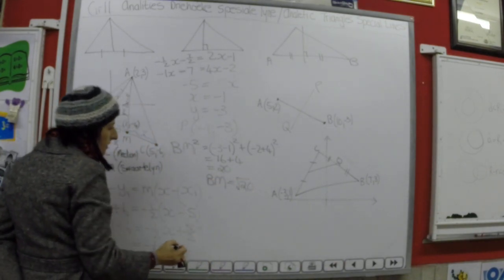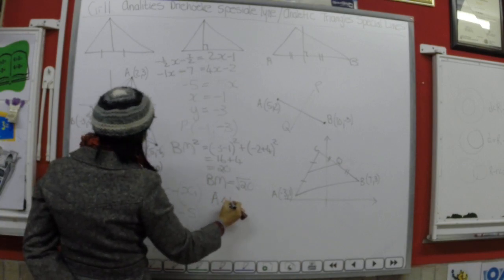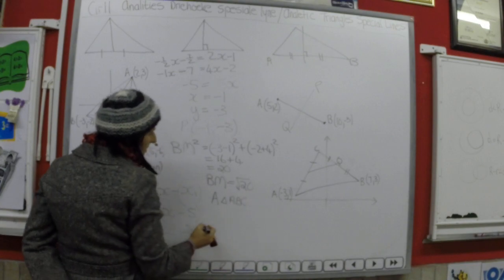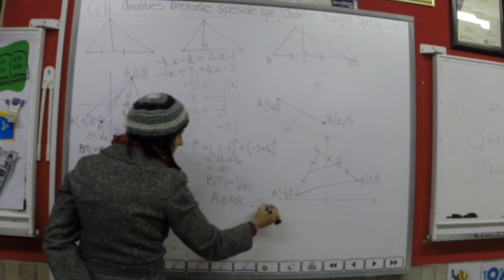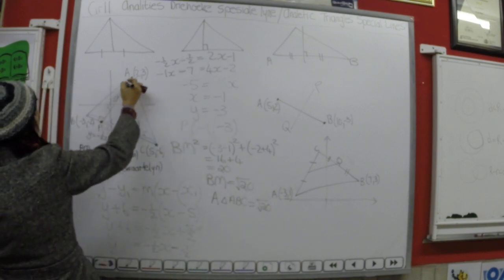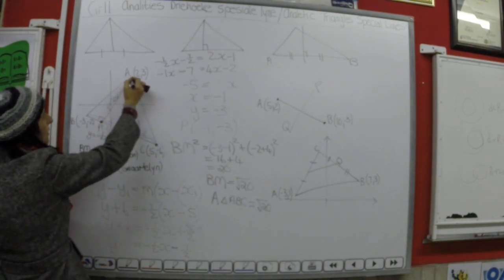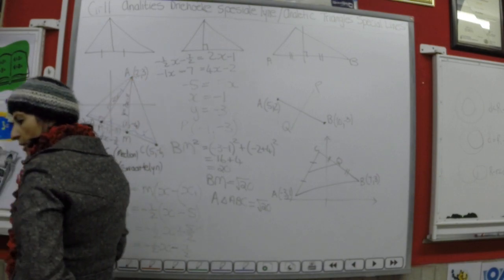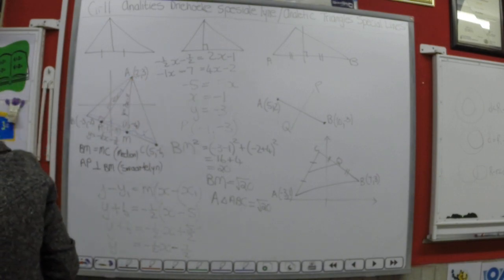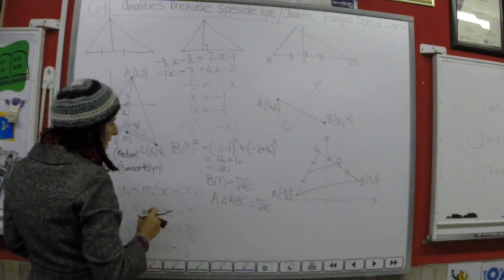So om die oppervlakte te kry, is dit the area of triangle ABC equals half base, that's the root of 20, times the perpendicular height. So the perpendicular height we can determine with the distance formula, the distance from A to P. Juffrou gaan dit nie weer doen nie, maar as jy AP se afstand gaan uitwerk, dan kry jy die wortel van 45.